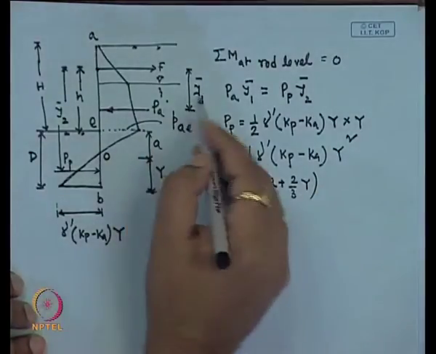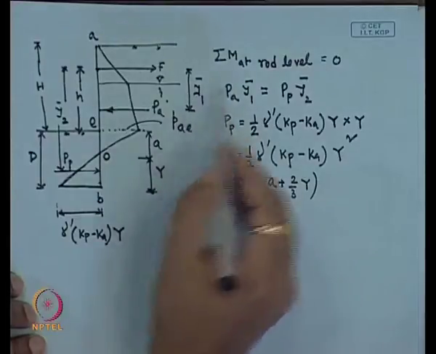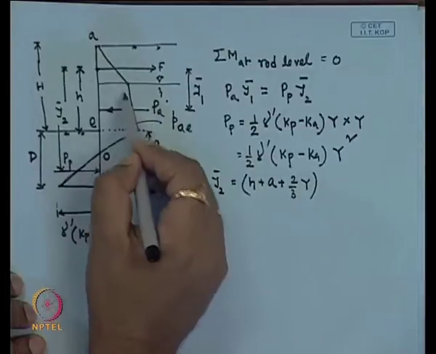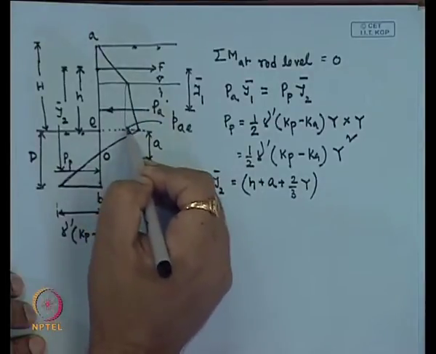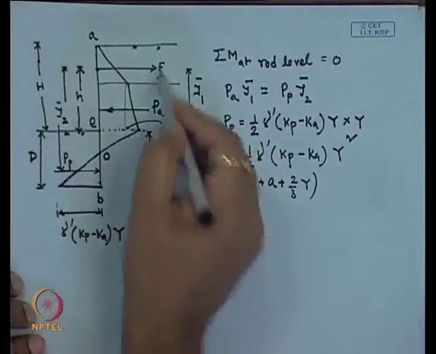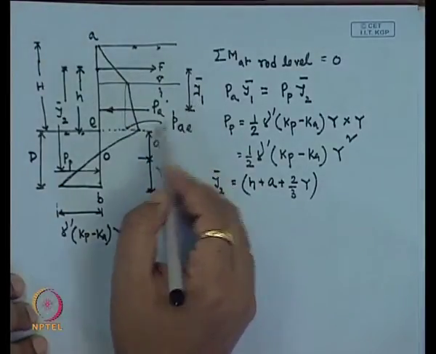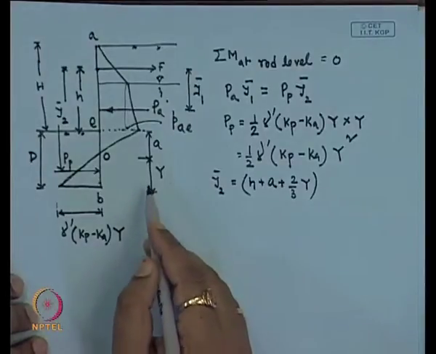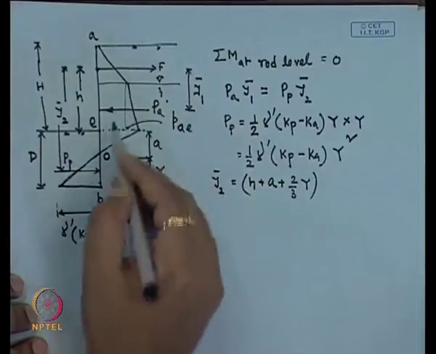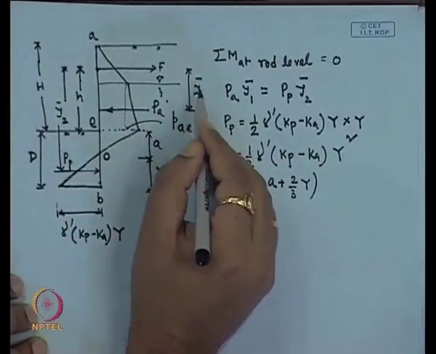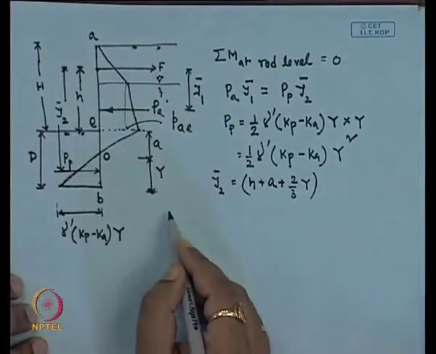Similarly, we have to calculate the Y 1 bar by taking different components: this small triangle, then this rectangle, then again this triangle, and then the remaining triangle. This is how to calculate this Y 1 bar, which was already explained in the example in the last class. So, in this way you have to determine the Y 1 bar and the P P also.